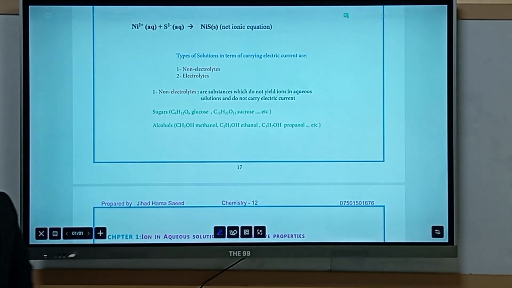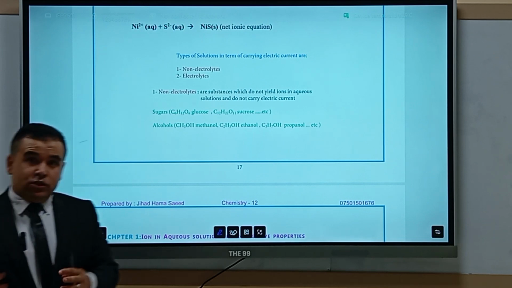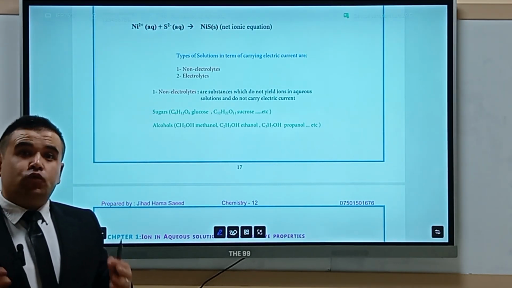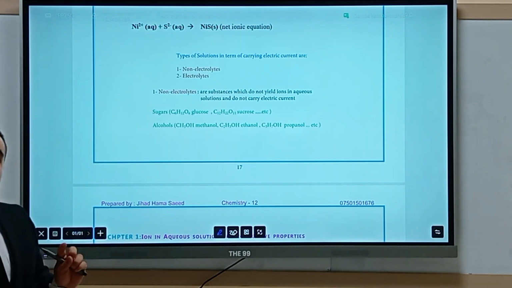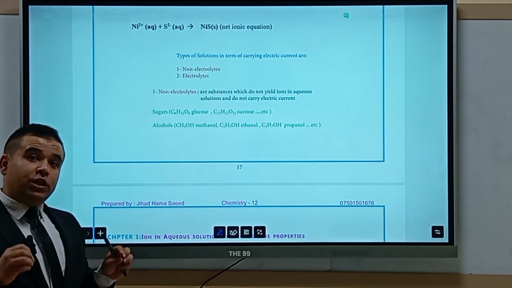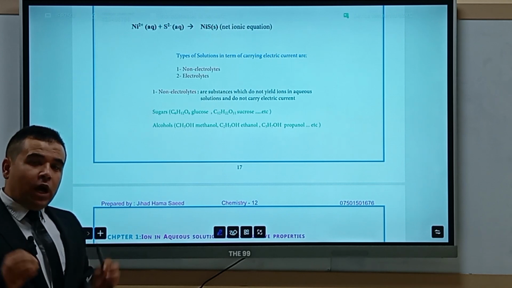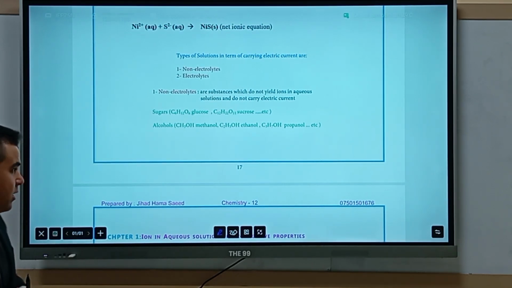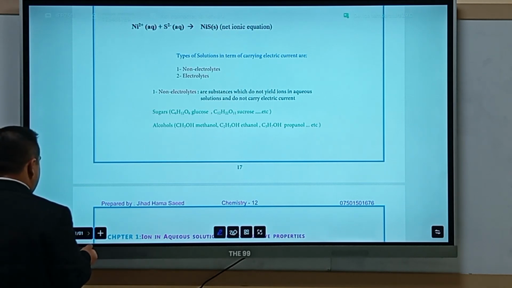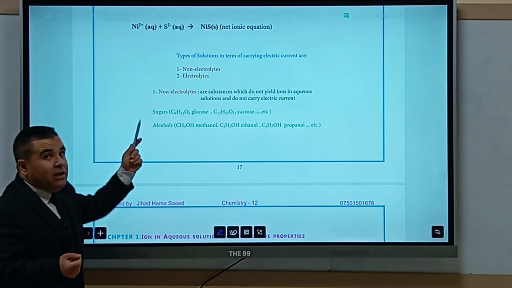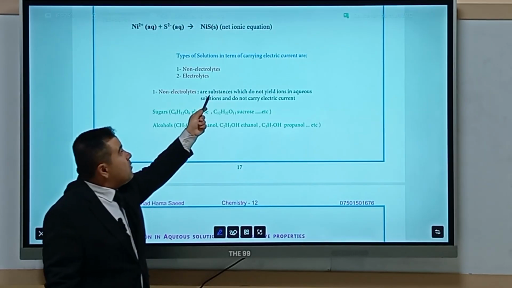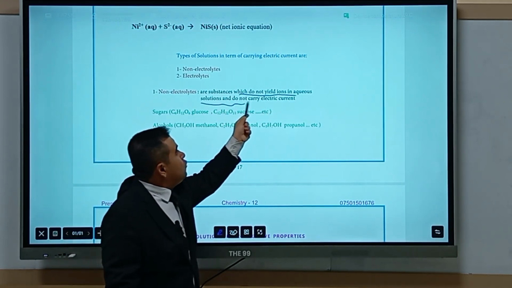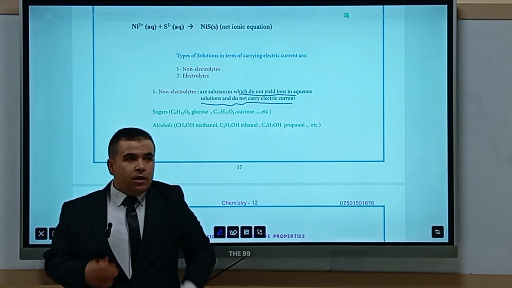In terms of conducting electric current, guys, the solutions are divided into two groups. Those which are non-electrolytes, which do not have ions to carry electric current, and those which are electrolytes, which have existing ions to carry electric current. Non-electrolytes first are substances which do not yield ions in aqueous solution and do not carry electric current.